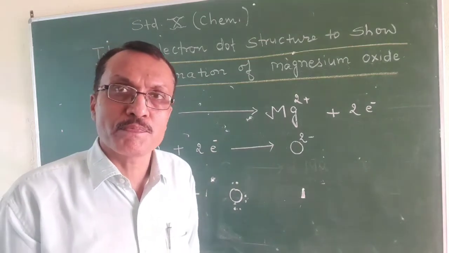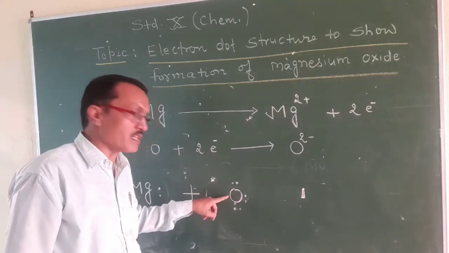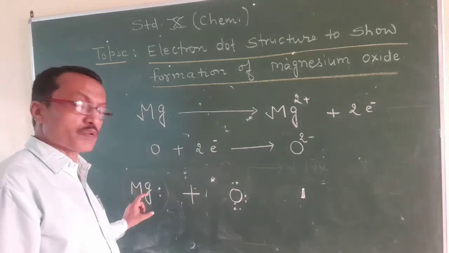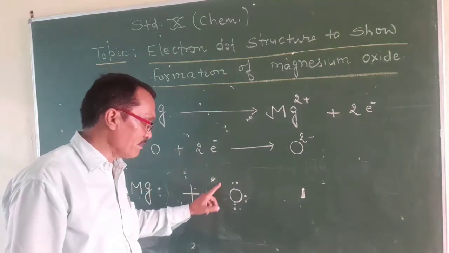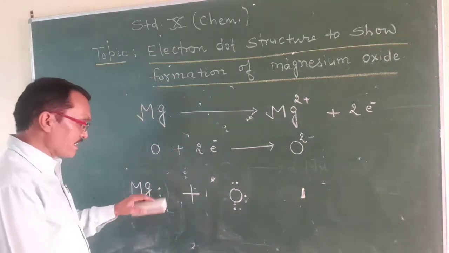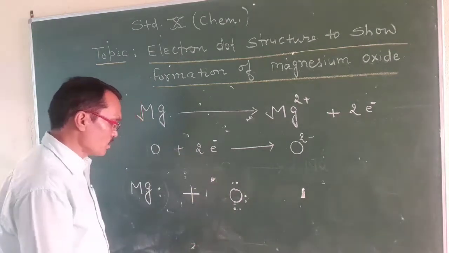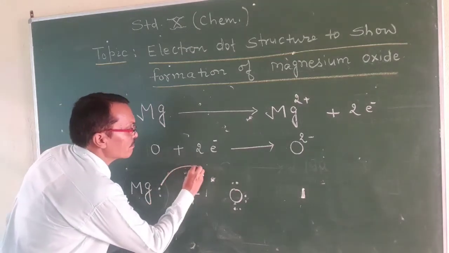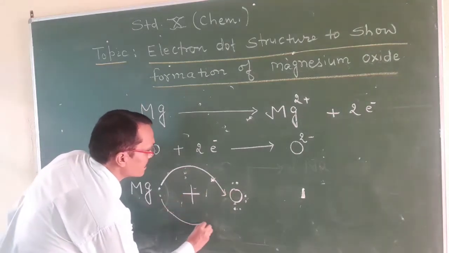This is because the left of oxygen will be filled up by the electrons transferred by magnesium, and that's why I have left a gap here. Now magnesium will transfer its 2 electrons to the oxygen atom, which you can show by giving an arrow in this way.